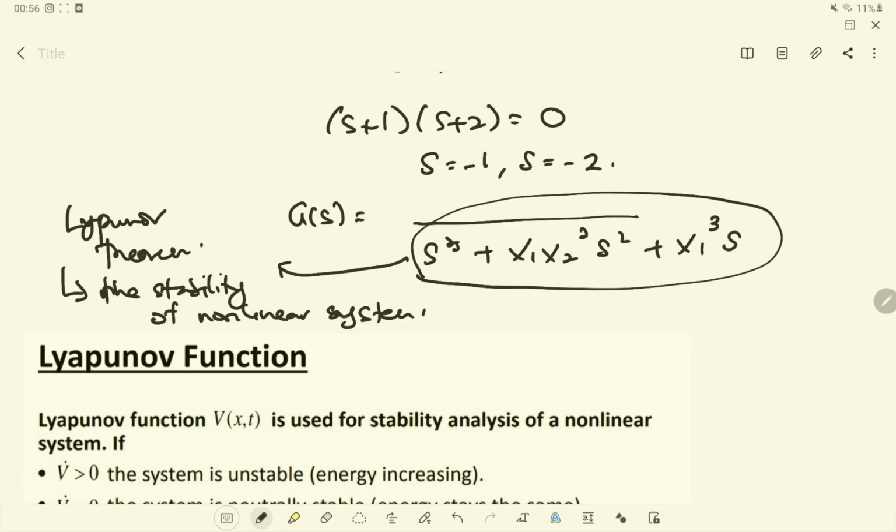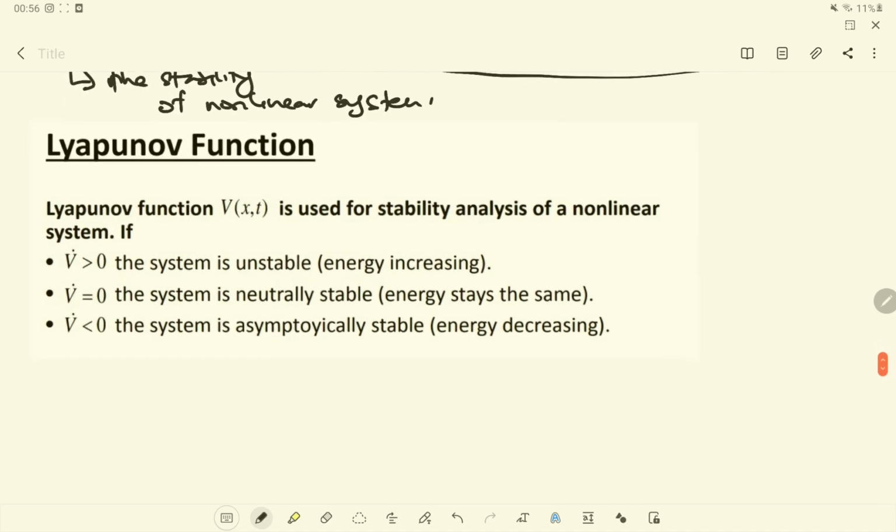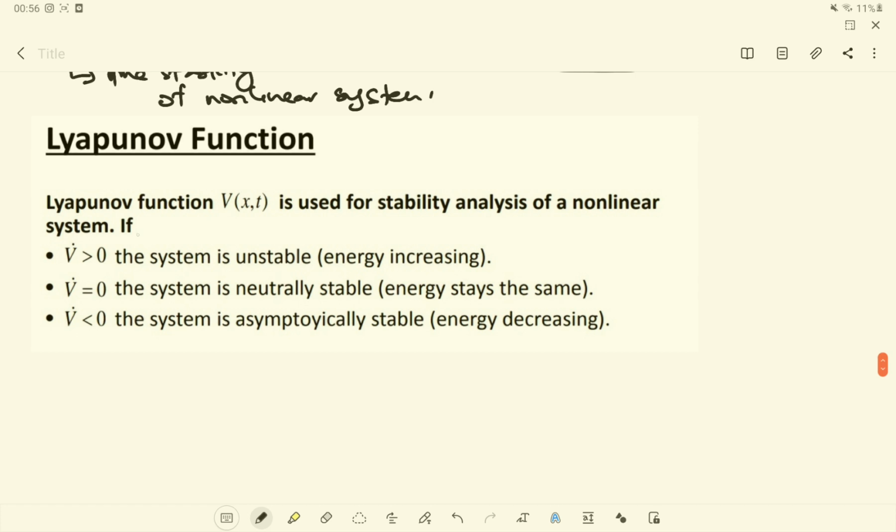Lyapunov functions, we go one by one. Lyapunov functions are used for stability analysis of a nonlinear system. If, number one, V dot greater than 0, the system is unstable or the energy is increasing. V dot equal to 0, the system is marginally stable or the energy stays the same.